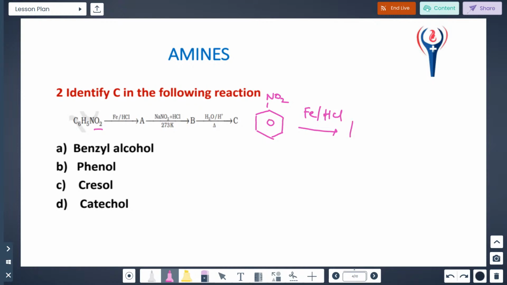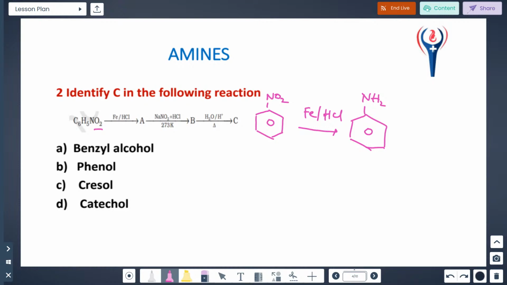Just remember, each and every reagent has some role. If you know the role, we can find out the compound. This is a reducing agent, it converts NO2 to NH2. So A is what?